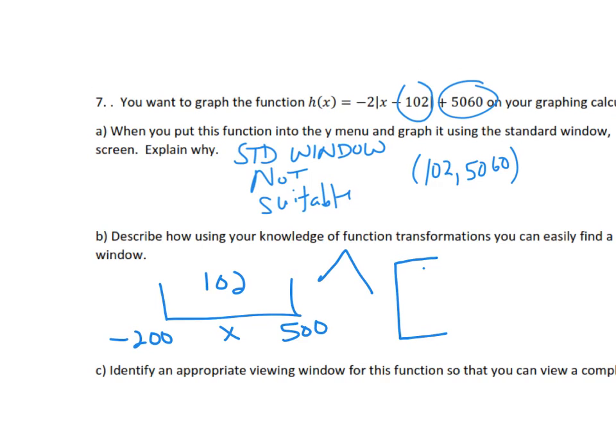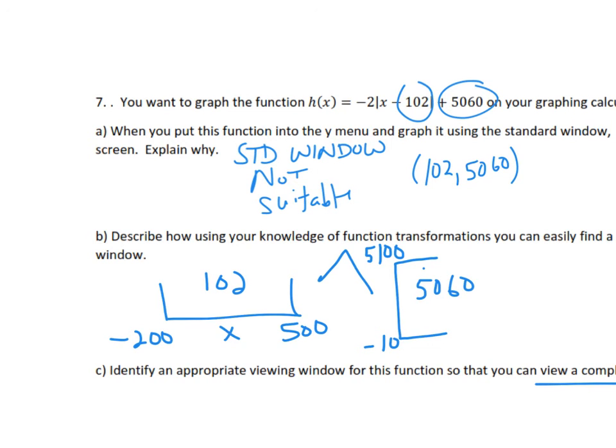I don't have to get much above 5060. So maybe I set my y maximum to 5100. And then my y minimum, it says a complete graph, so I do want to see my x-intercept. So I might start by saying just negative 10.